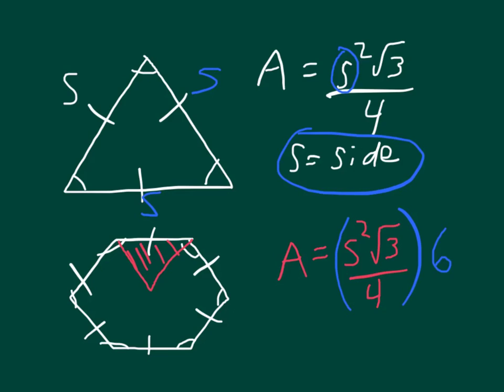Now, when you come down to the regular hexagon, you just find one of those triangles, and then you plug it in here. Side squared √3 over 4 is an equilateral triangle, and you have 1, 2, 3, 4, 5, 6 of them. You just can't see them, but I can draw them in if you want me to. Then you multiply by 6 to get your answer. And so those are 2 formulas, and hopefully they made some sense to you.